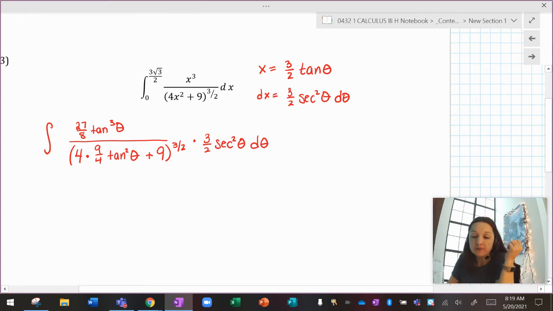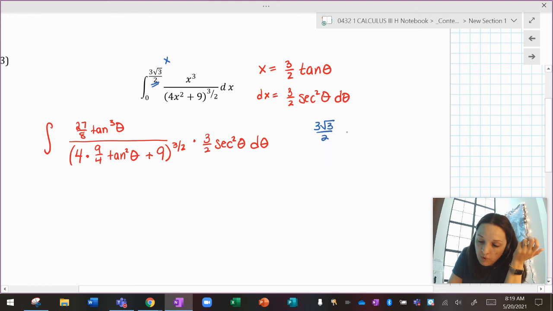Now I got to deal with my limits of integration. So 3 root 3 over 2 is an x value. So what I'm going to do with that, I'll do it in a different color to make it obvious, is if this is an x value, I have to plug it in for x in my substitution.